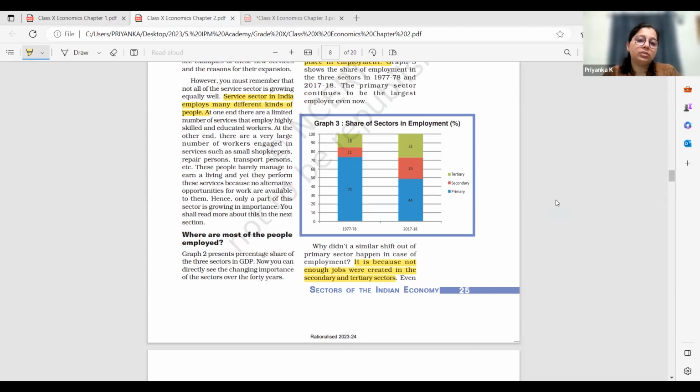We'll discuss it more, but over-dependency on the service sector means there is less agricultural production happening, and there will be fewer opportunities available to the agricultural community in our country, which means the agricultural community will fall behind in their development.